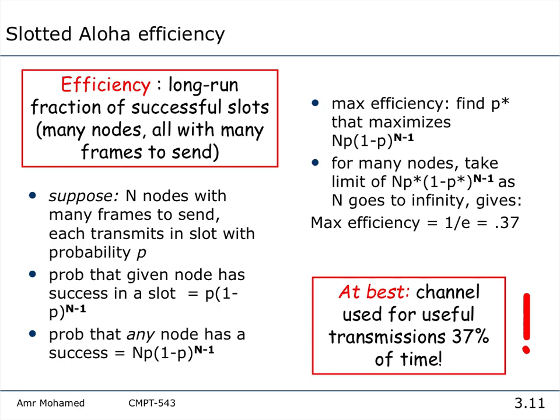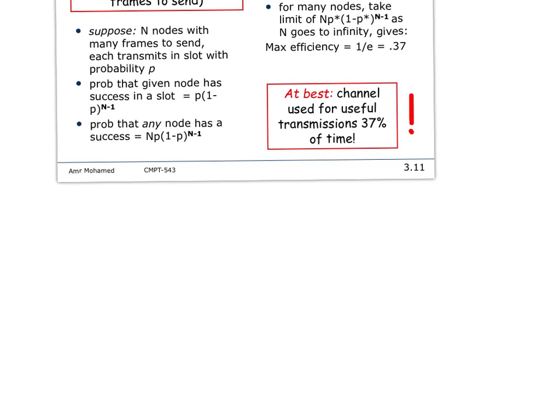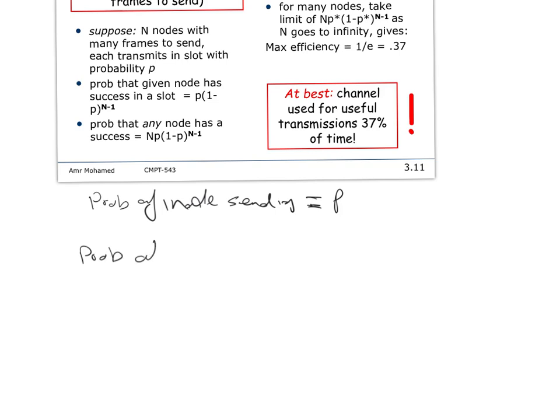We know that the probability of a node sending is equal to P. So what is the probability that exactly one node sends on time slot i?